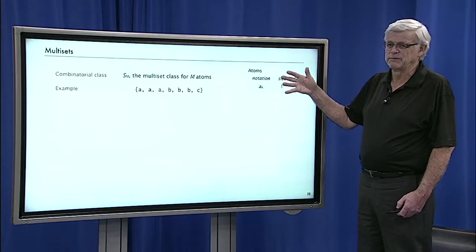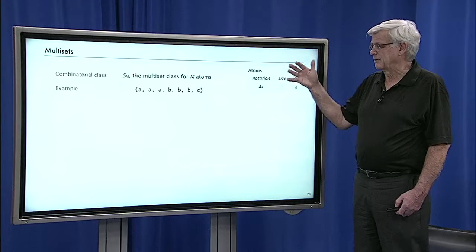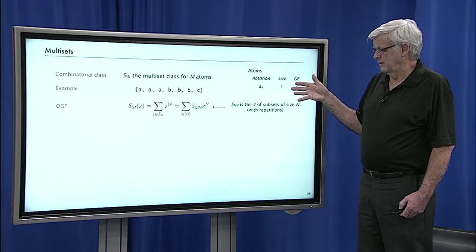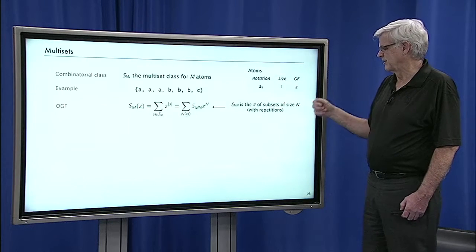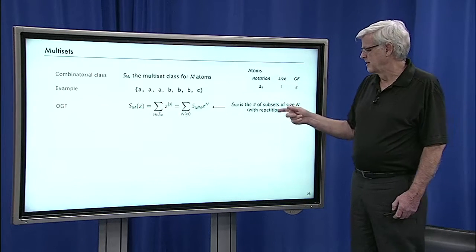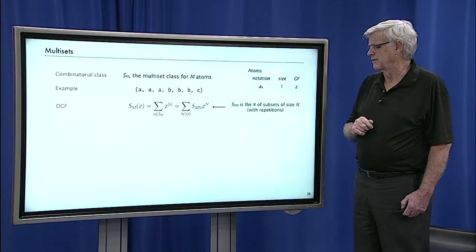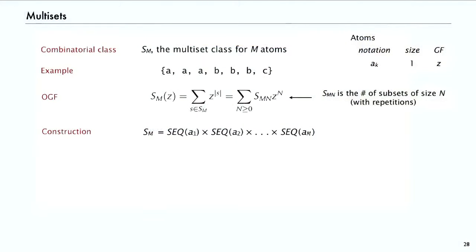Now we can do the same thing with the symbolic method with the generating functions, and now it's going to be SM_n as the number of subsets of size n with repetitions allowed. The construction is just a cross of sequences of each one of them. And what's the sequence of an atom?